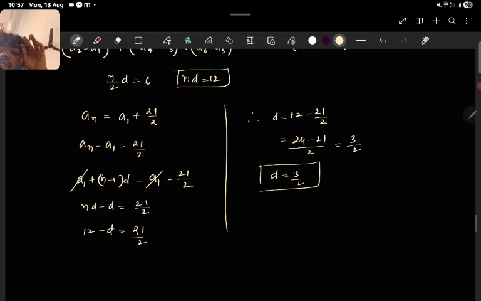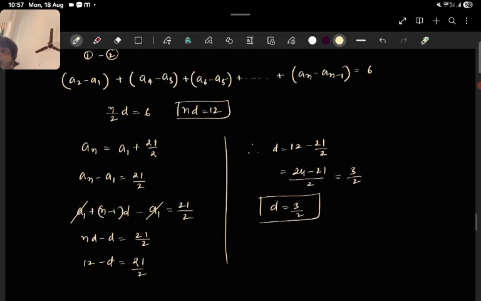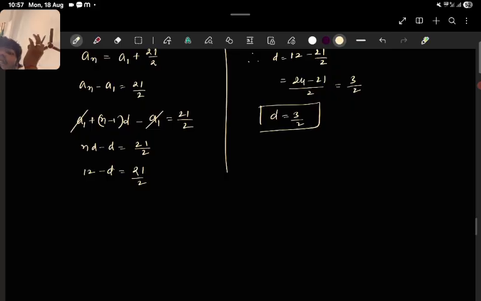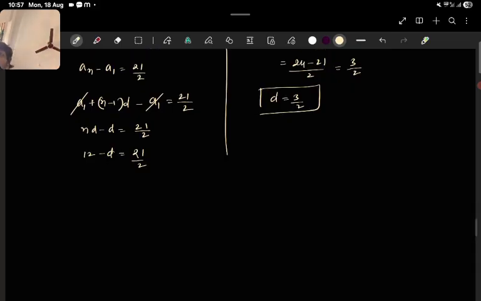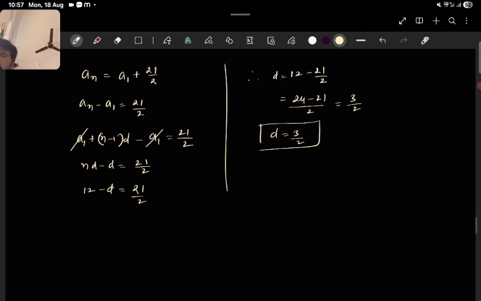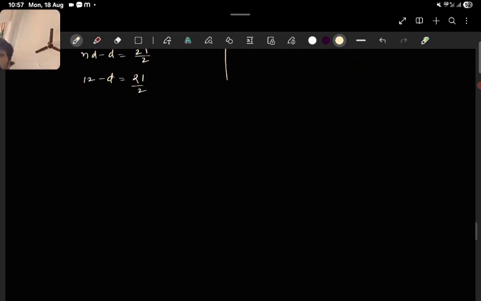Now we have the common difference, but we don't have the first term yet. So we have to find a also. The sum of odd terms is 24.